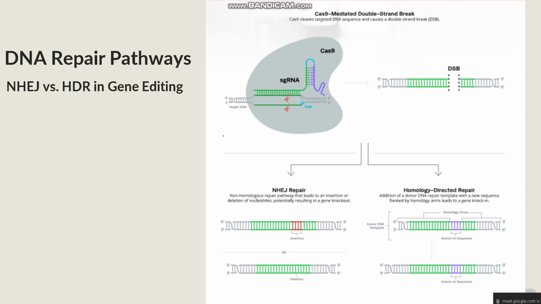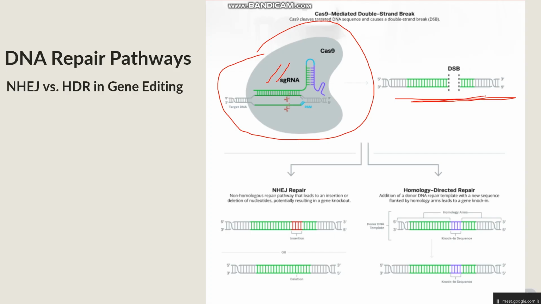So, the DNA repair pathways in gene editing are non-homologous end joining and homology-directed repair. Here is the Cas9, and here is the single guide RNA, which makes the double-stranded break. There are two repair systems: non-homologous end joining and homology-directed repair. Non-homologous end joining leads to an insertion or deletion of nucleotides, potentially resulting in gene knockout.